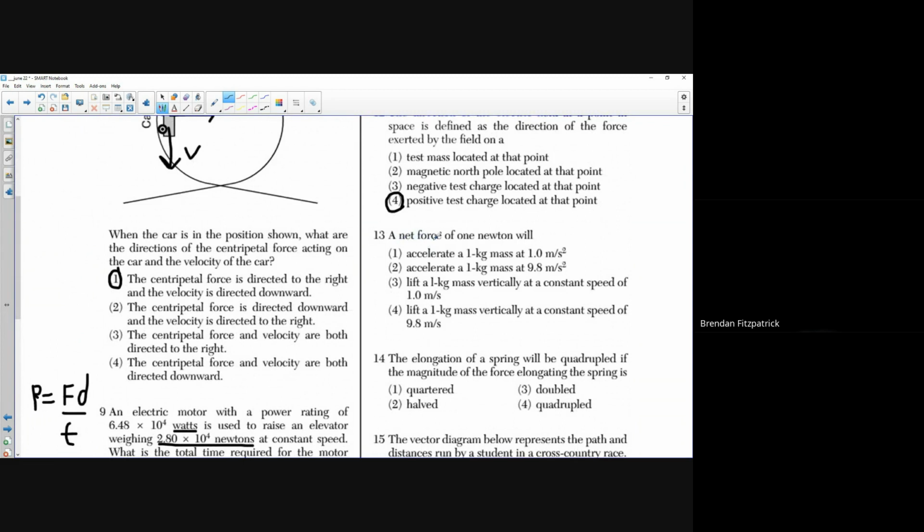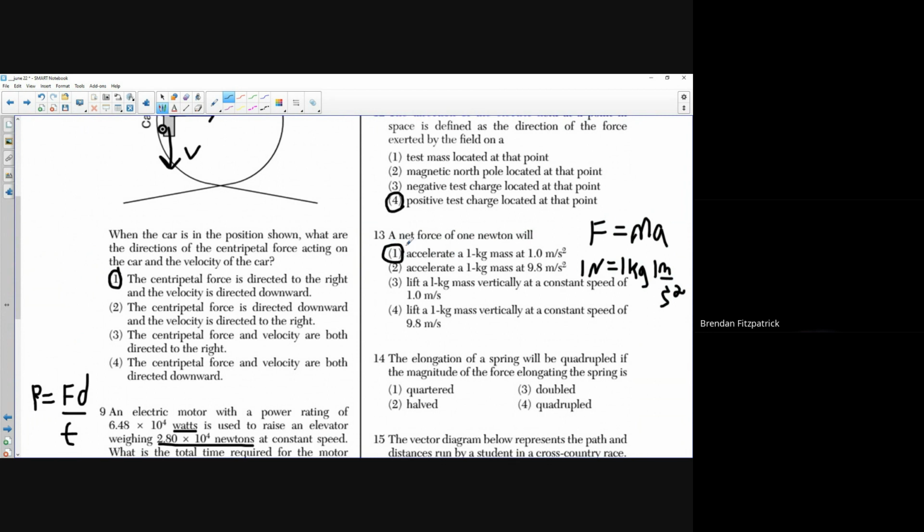13, a net force of 1 Newton will, so F is equal to ma. So a 1 Newton force causes a 1 kilogram object to accelerate at 1 meter per second squared. So choice 1 is accurate by Newton's second law.